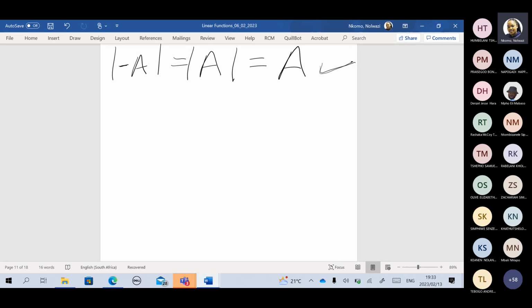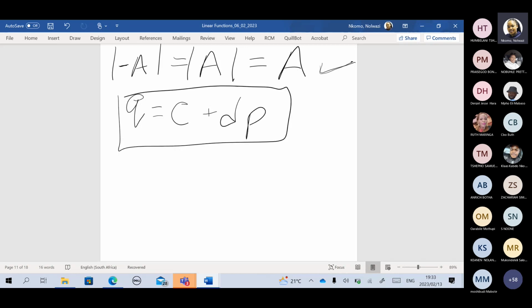Again, we will start by considering the supply function, which is Q is equal to C plus BP. Remember, we said this is the general equation for a supply function.